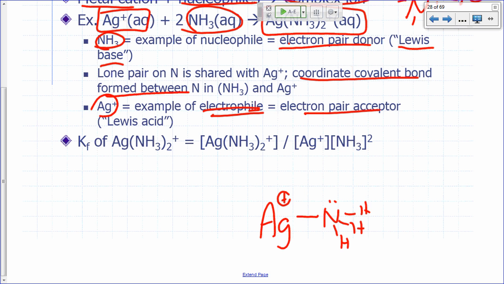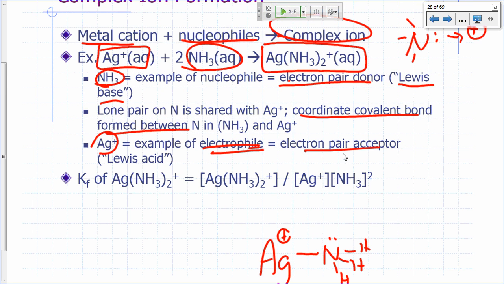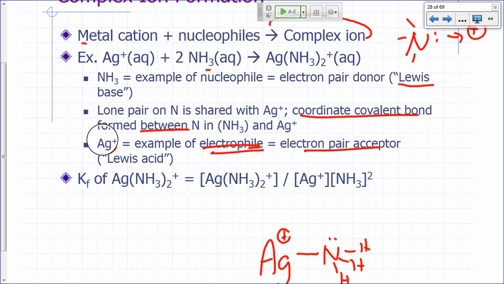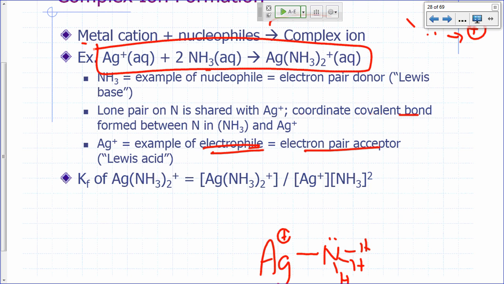Now, the formation constant would just be equal to the KEQ for this reaction, where you're forming the complex ion from the metal cation and the nucleophile. Right here, if you look at this reaction, the KEQ for this reaction is called the KF of the complex ion that you made.